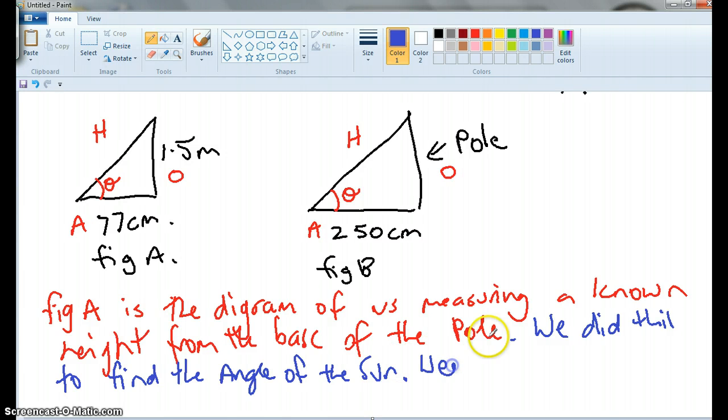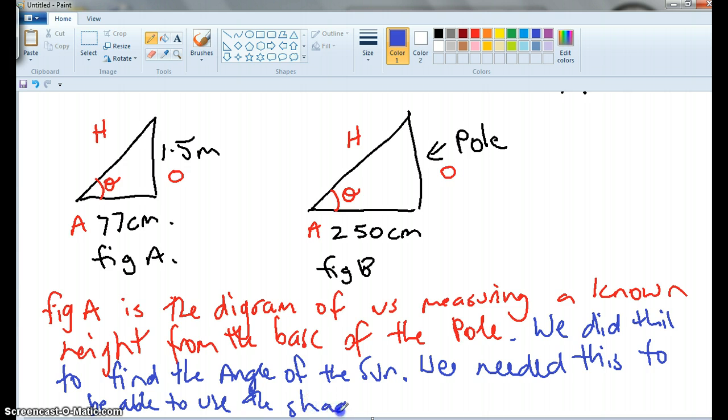We needed this to be able to use the shadow length of the pole to calculate what? The height of the pole.